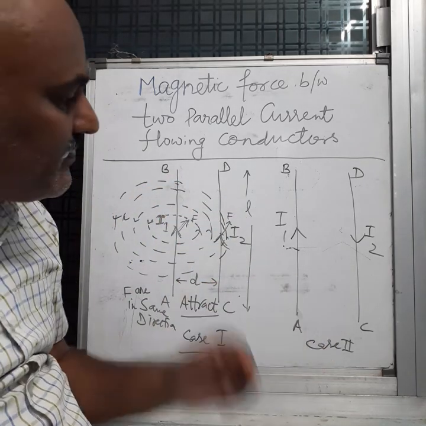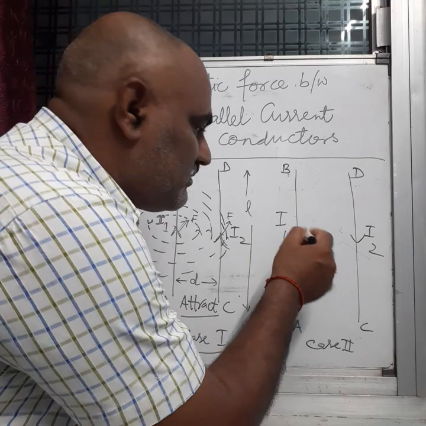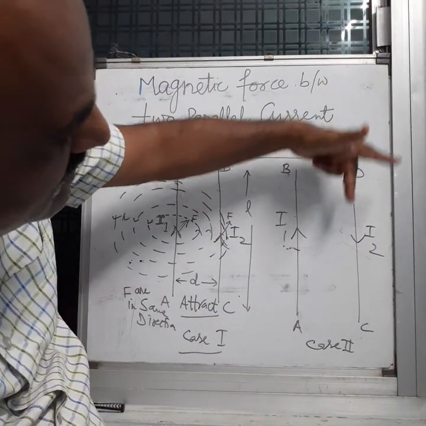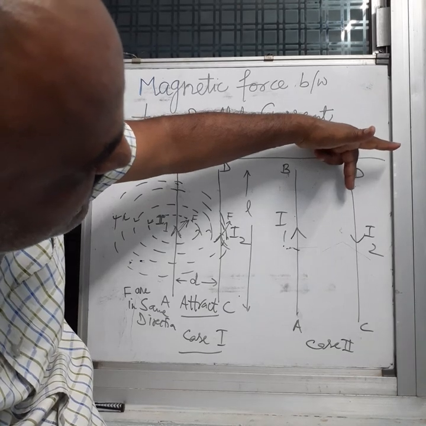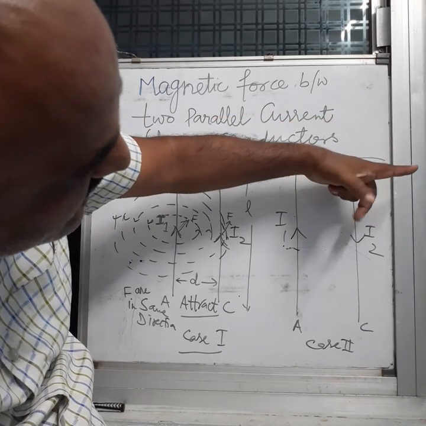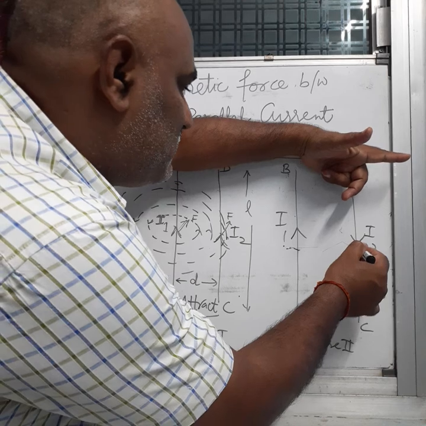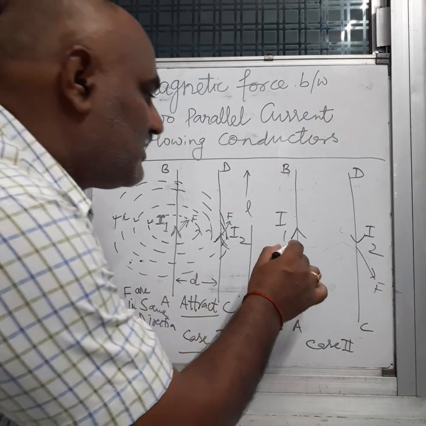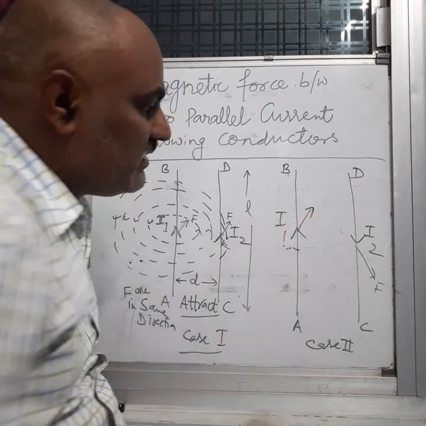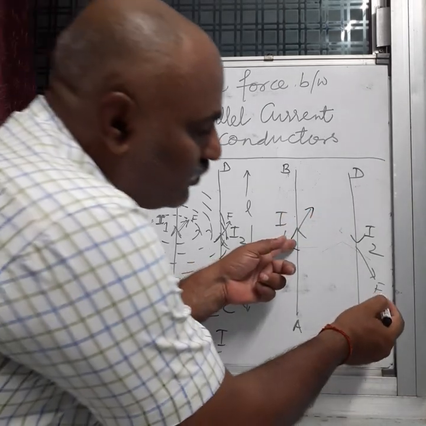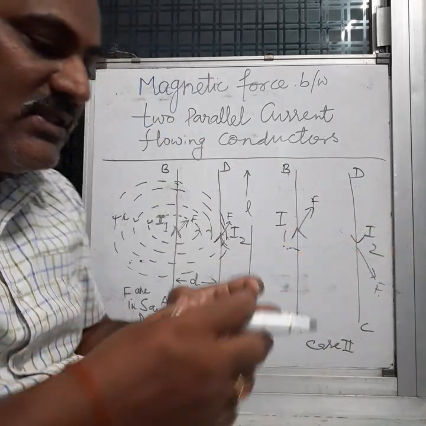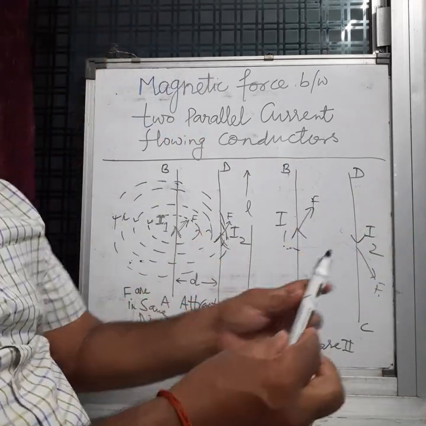And here, if the current-carrying wire is kept here, the same formula will be used for CD. In this case the magnetic field is there and this is the magnetic force, which is outward. In this case the magnetic force will be inward. So here two forces are acting, but they are acting opposite to each other.